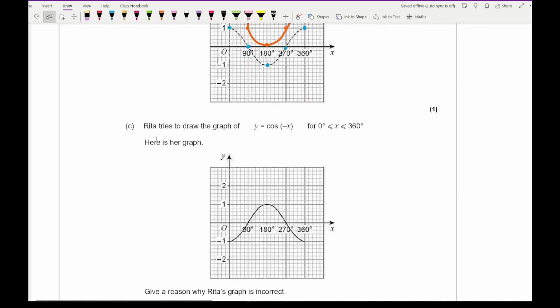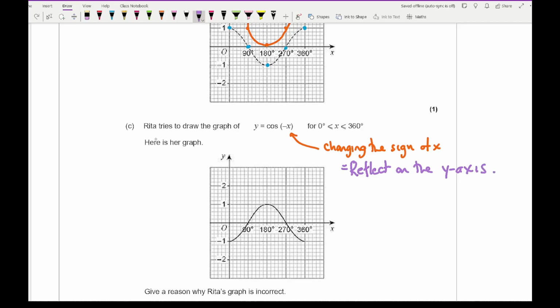It then says Rita tries to draw the graph of y equals cos of minus x. Here is her graph. Give a reason why Rita's graph is wrong. Well, when you're changing the sign of x, if you look back to the table, it means that we need to reflect on the y-axis.